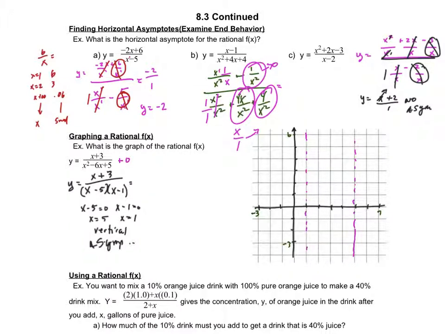So then I know my horizontal asymptote, or my end behavior, is going to be y equals 0. And you can look over here at your definition and see that your greater exponent is in the denominator. So my other asymptote is going to be right along here. So if I were to graph this equation, sketch it, it would look something like this.